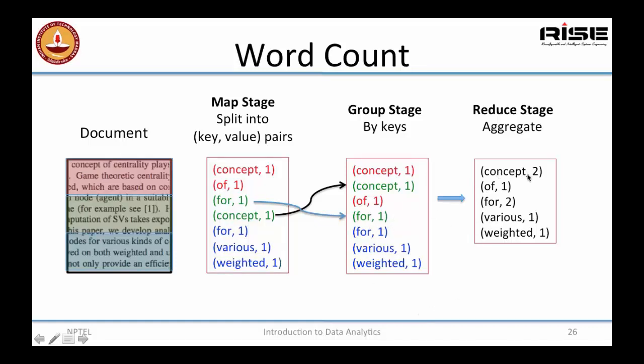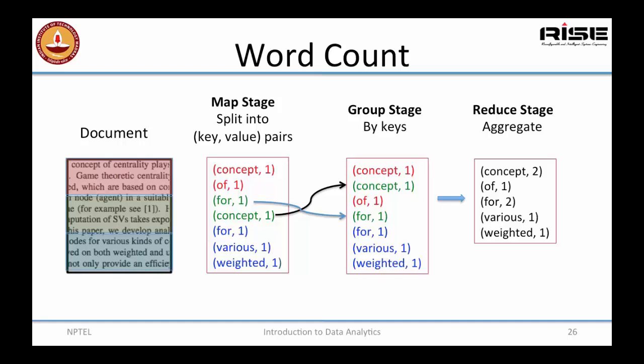Finally, the reduce stage aggregates all these counts regardless of which mapper they come from, right? And then outputs the total count. In this case, you would get concept 2, of 1, for 2, various 1, and weighted 1. It's a very simple way of doing word count, and your document could be very large. As long as you have a sufficient number of machines, you can compute this very efficiently.